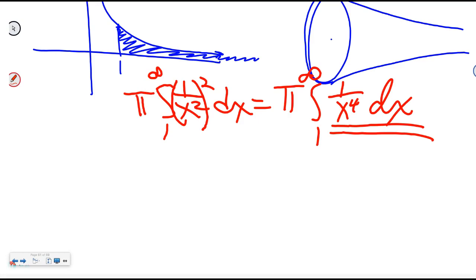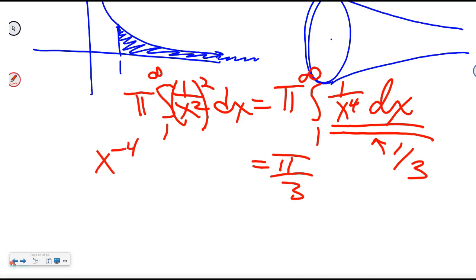Yeah, it's going to be pi thirds, and I'll allow you to go right to here, because we proved this is 1/3. But let's suppose that Sammy's like, I forgot if it's 1 over p plus 1 or p minus 1 or q to the 4th power, plus I was sleeping yesterday. You should know how to integrate x to the negative 4th anyway, and you should be able to figure it out.